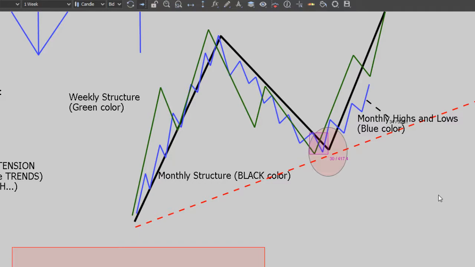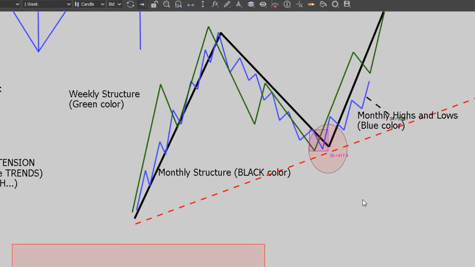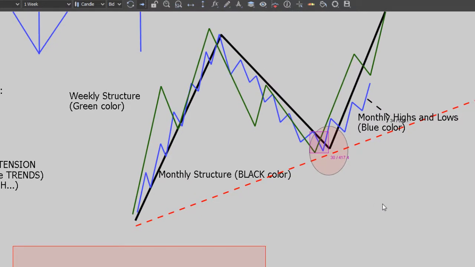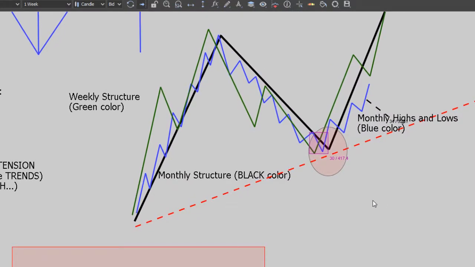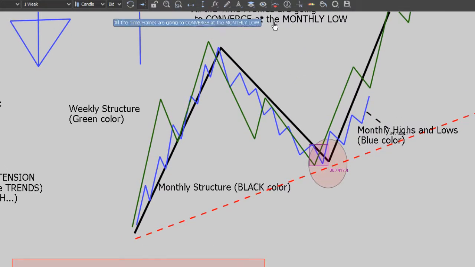And you could say, well, I'm in a downtrend on the smaller time frame, which you are, but when the monthly finds its low, then it's going to start to go up, right?